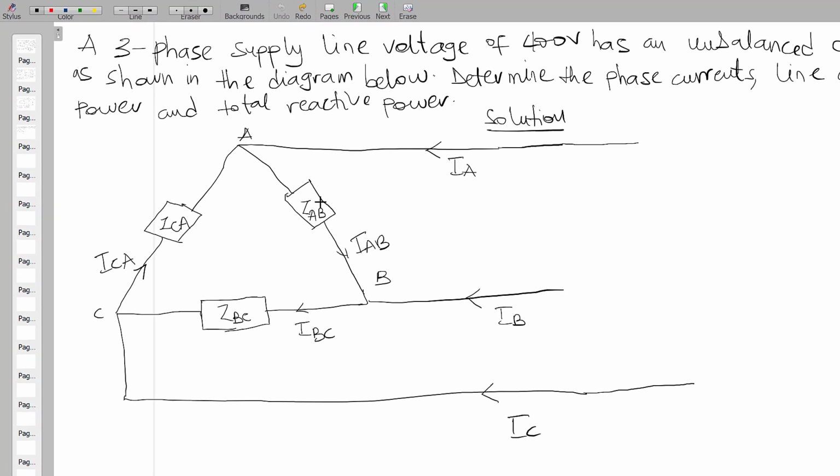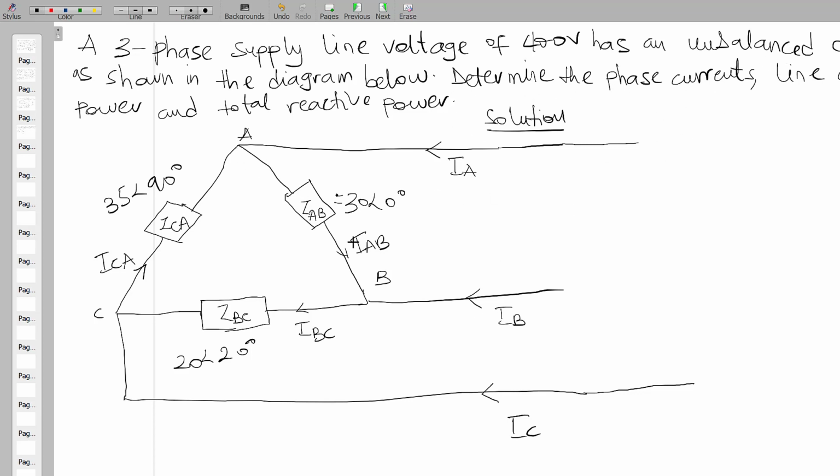So let me input the values over here, and we have this one to be 20 angle 20 degrees, and we have this to be 35 angle 90 degrees, right? So we have to determine the phase current.